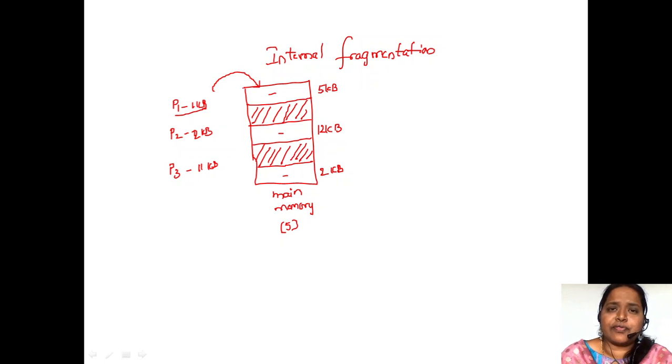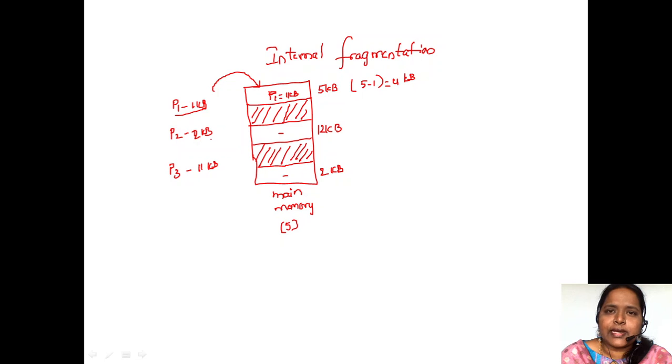If we don't follow any algorithm, we consider the first free block. P1 occupies 1 KB, but the size of this partition is 5 KB, so 5 minus 1 equals 4 KB left over here.